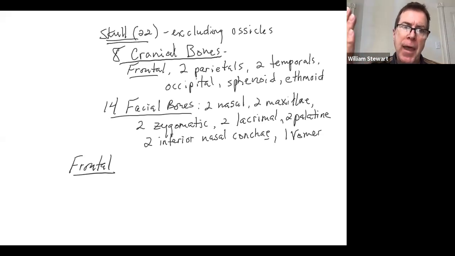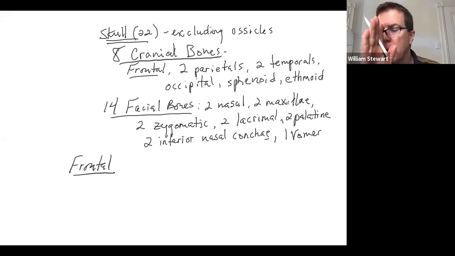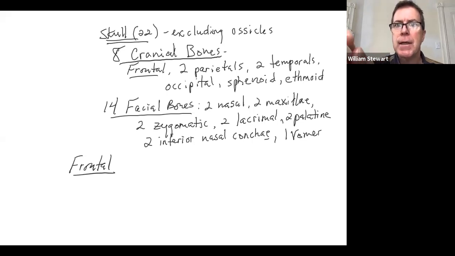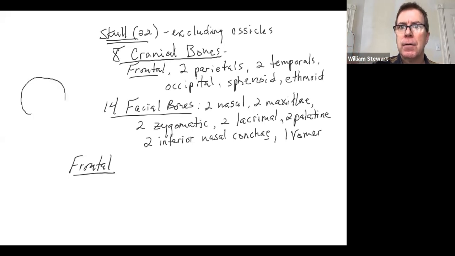So if you could saw the skull in half lengthwise in a sagittal cut and just look at it dissected, you will see from the side, here's a skull. The frontal bone is this from about just past our hairline, and it comes down like this.